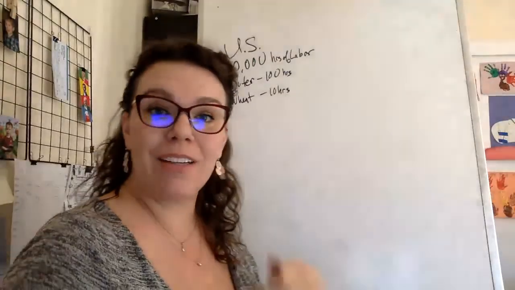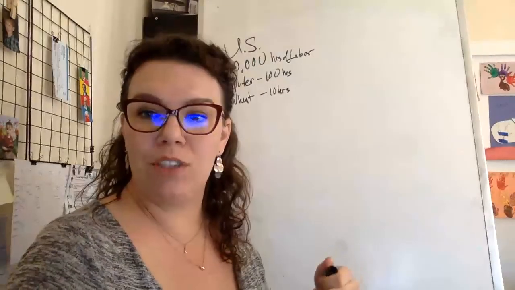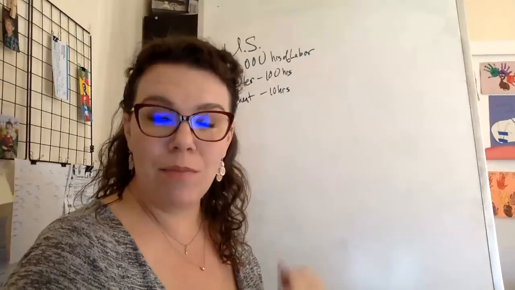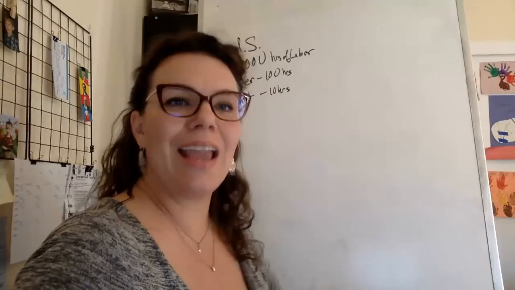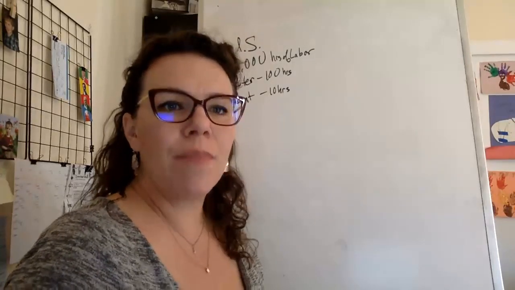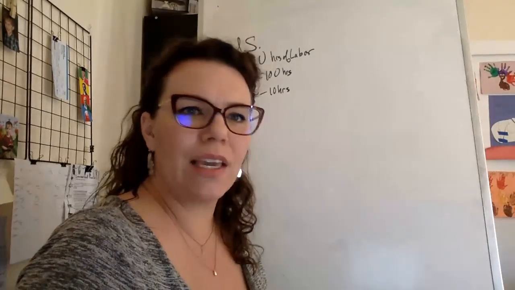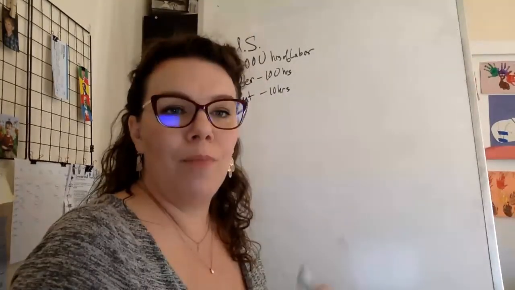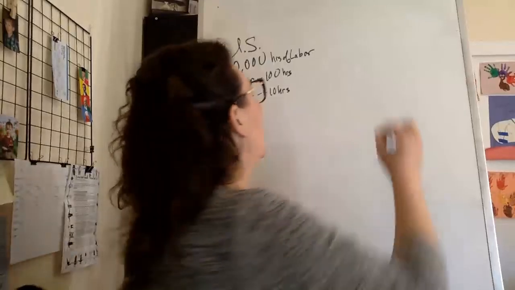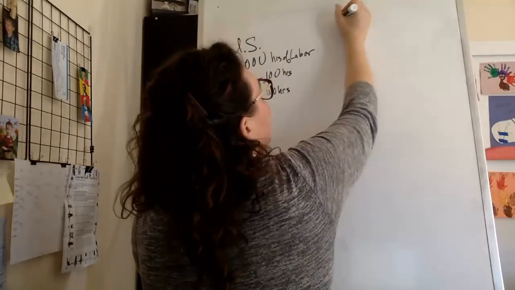Now we're going to talk about a second country. We're going to look at the example of Japan. Japan has the same input, labor, but they don't have as much labor as the US, and they have different technology. When we look at technology, basically what we're saying is, how much time does it take for them to produce? So we have Japan over here.